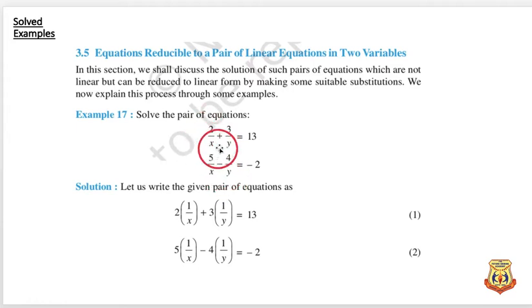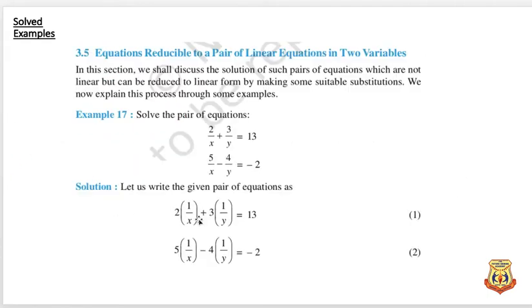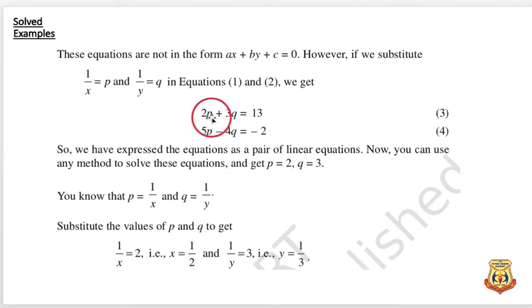In this type of case we will take 2 common. What is then in the bracket? 1 by x, and here 1 by y. So what we'll do is take 1 by x equal to p and 1 by y equal to q. By putting this value, 1 by x is p, so we get 2p plus 3q is equal to 13, and then this is the second equation.